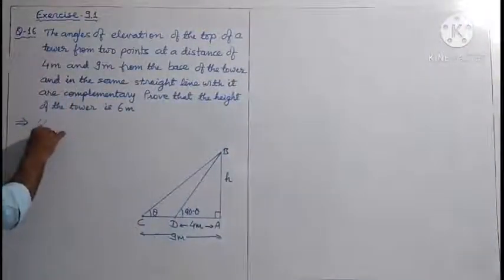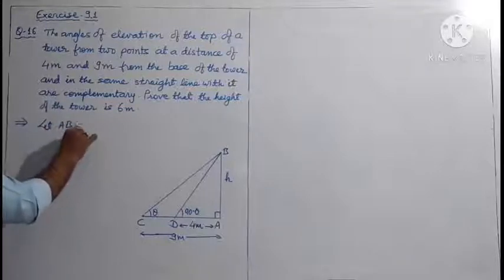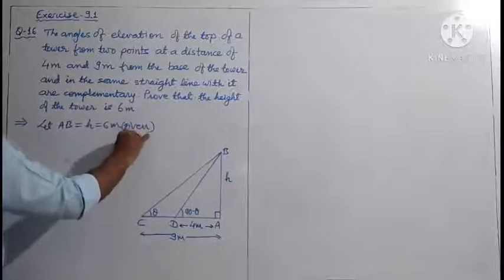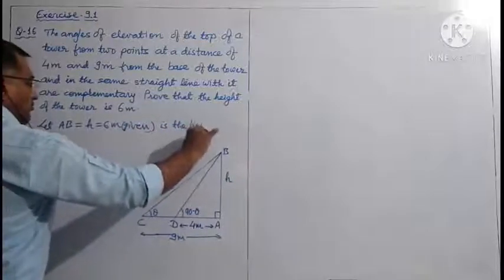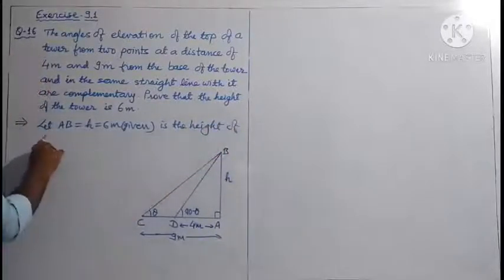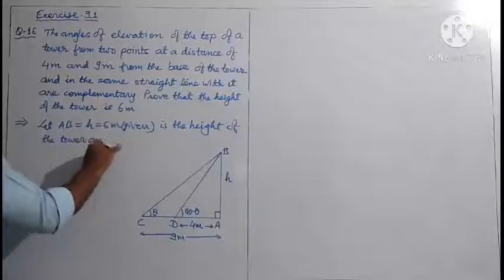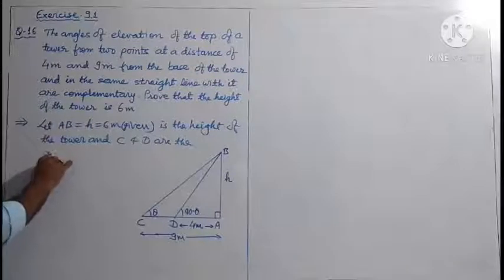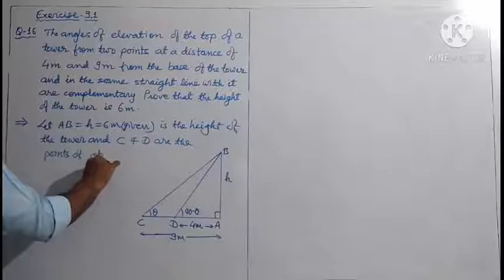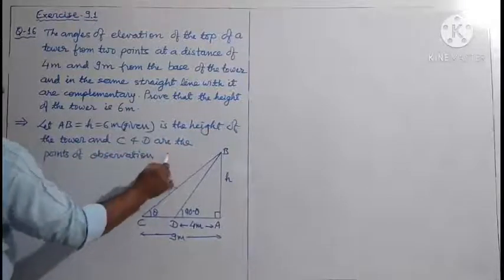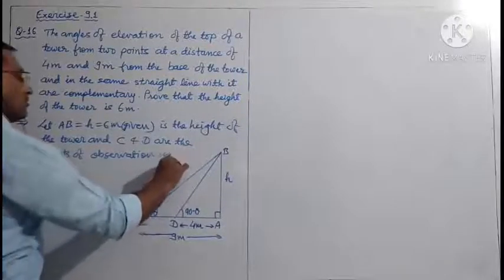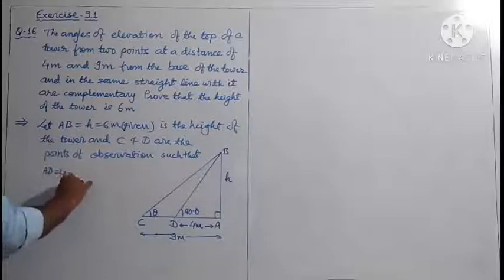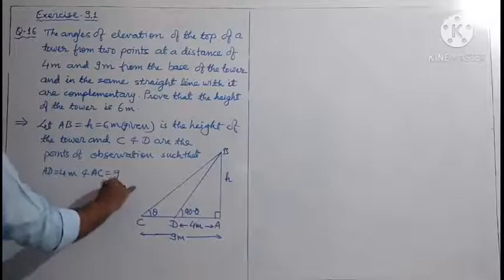So let AB be equal to h, the height of the tower, which is given as 6 meters, and C and D are the points of observation, such that AD is equal to 4 meters and AC is equal to 9 meters.